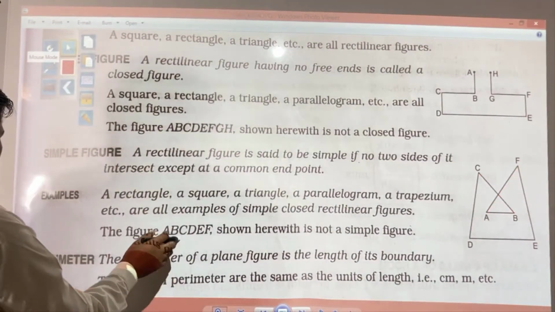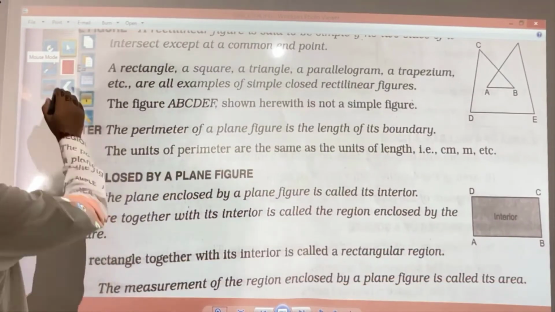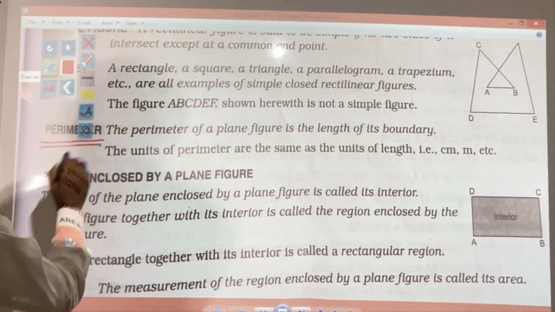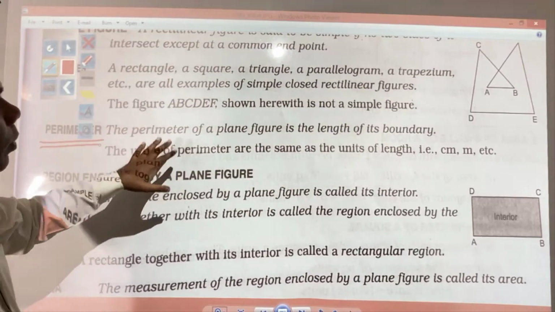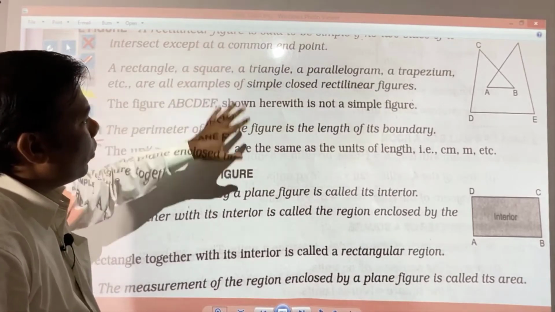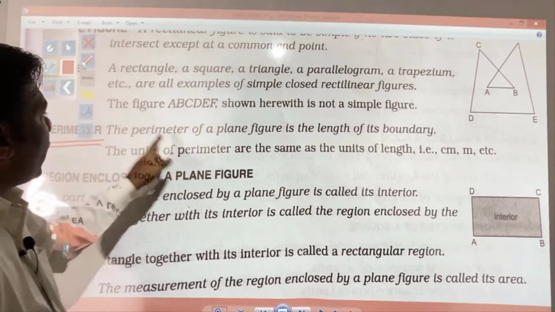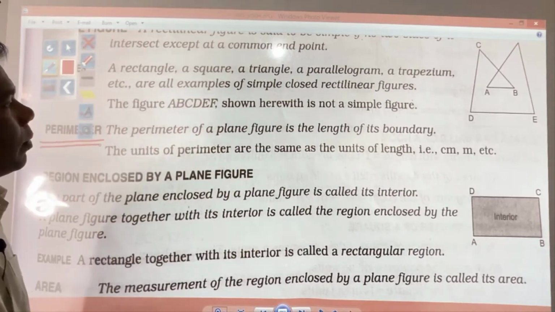Then you have perimeter. This is very, very important because children get confused with this. You write down in your copy the proper definition with example. The perimeter of a plane figure is the length of its boundary.